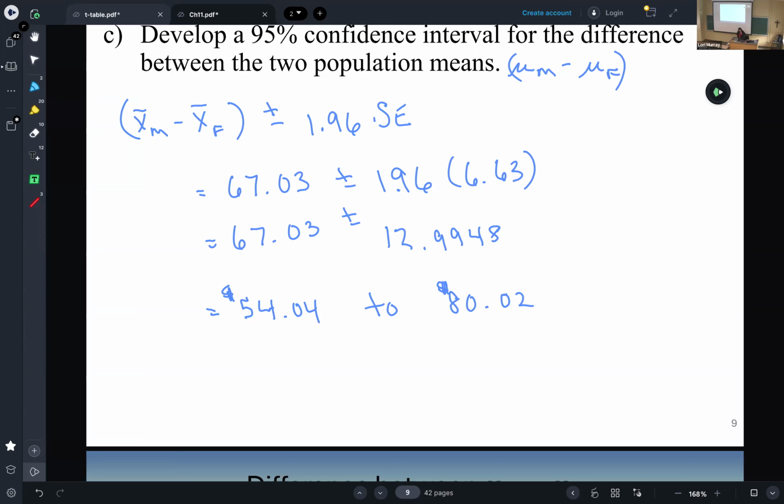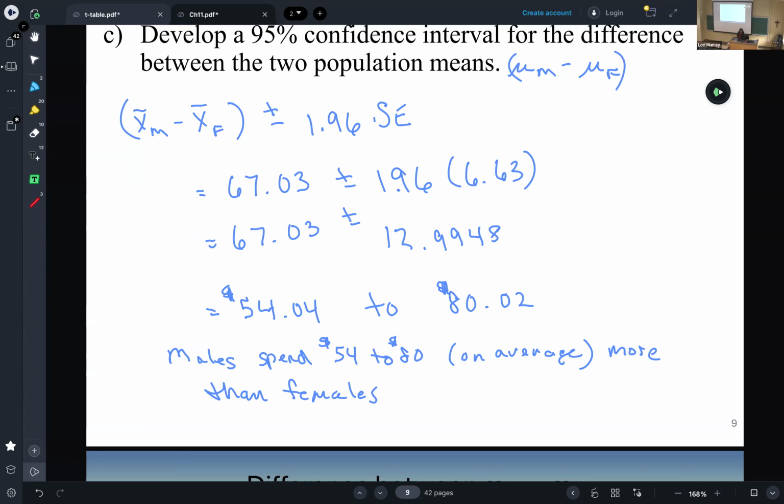Okay? So males spend $54 to $80. I'll just round these off. $54 to $80 on average more than females.